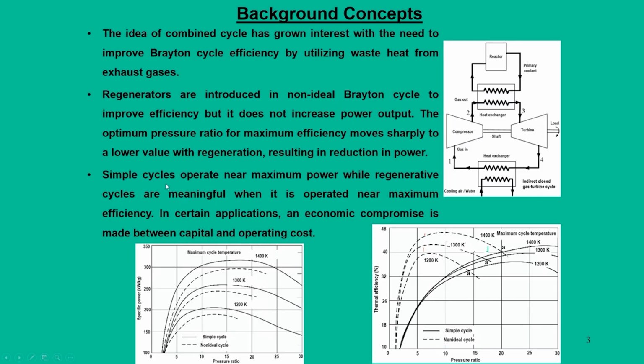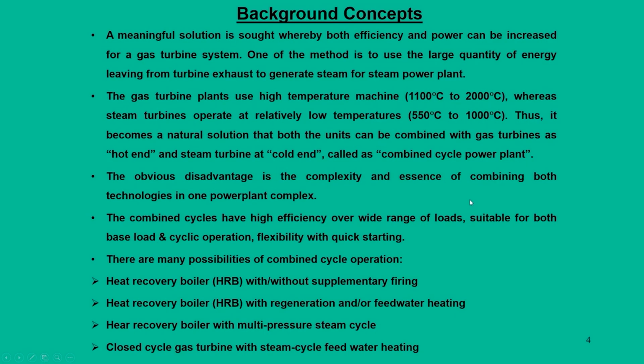Another requirement is that simple cycles normally operate at maximum power, whereas regenerative cycles become meaningful when operated near maximum cycle efficiency. When you add complexity to the system by introducing a regenerator, we must operate in the maximum temperature range. Then only does the justification of the heat exchanger regenerator seem appropriate.